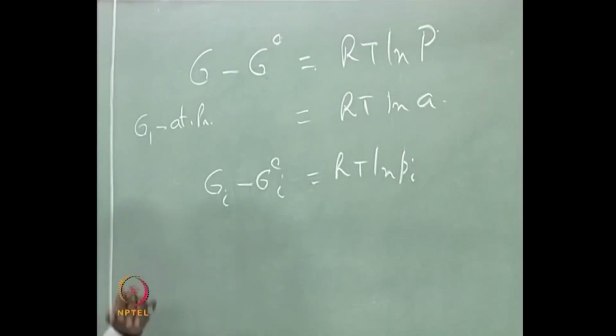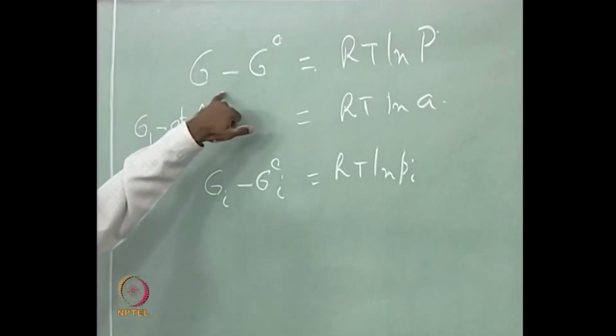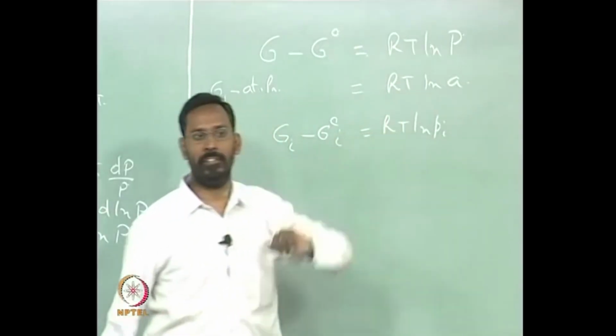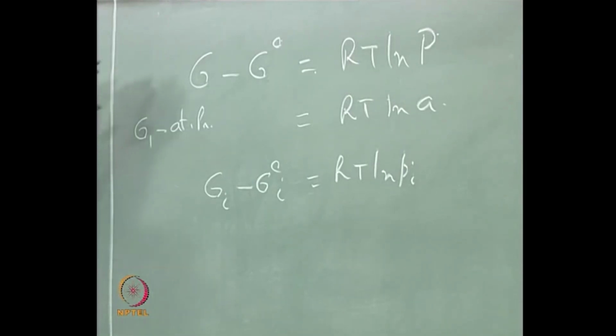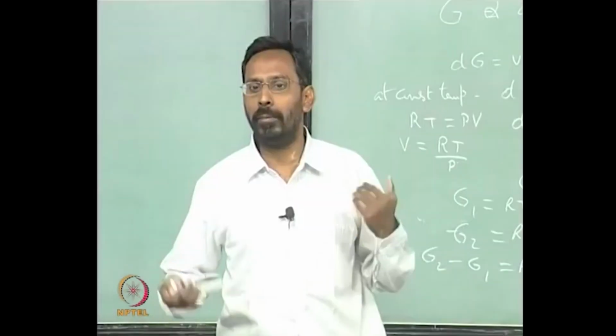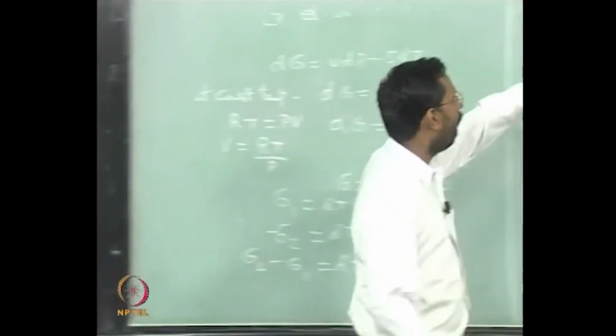So this is how we can express the free energy changes in terms of activities, and once we know this, we can start looking at various reactions that take place, and look at how we can correlate the free energies with the activities, and then from that get to know information about whether the reaction will go in the forward direction, whether the reaction will go in the backward direction. All this can be accumulated once we are aware of it.